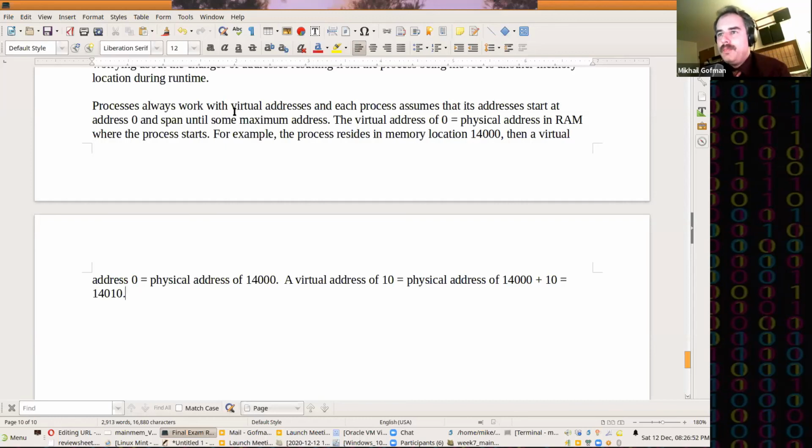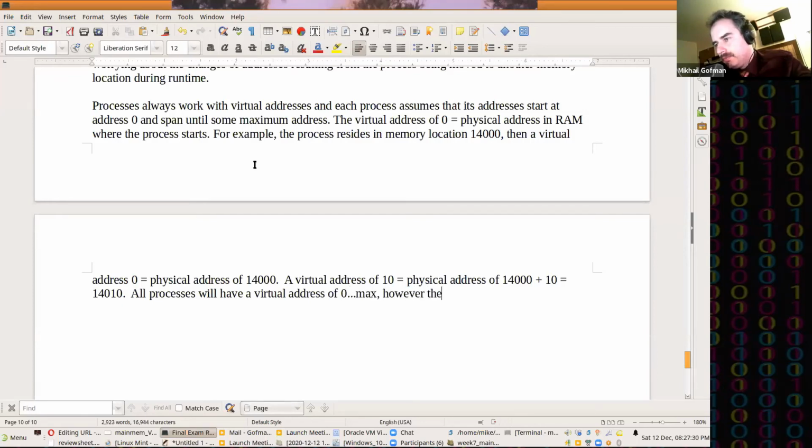So all processes will have a virtual address range of 0 to max.